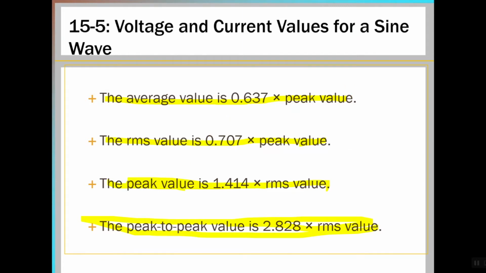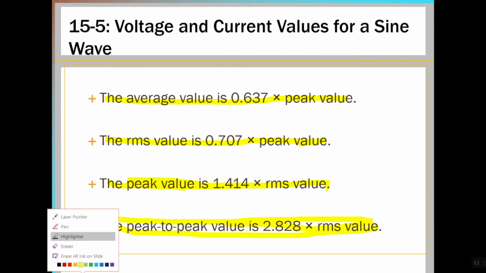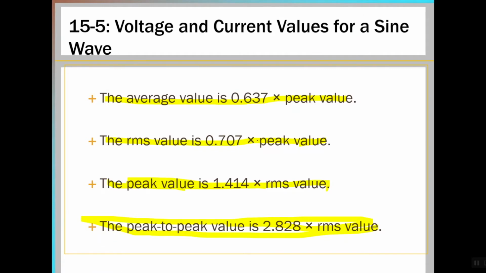Let me write this on here. Peak is 1/2 peak to peak. Usually.